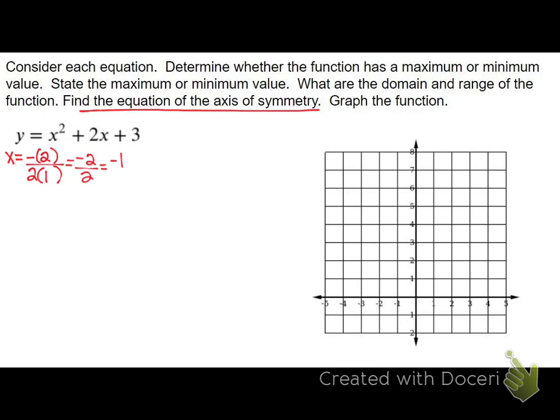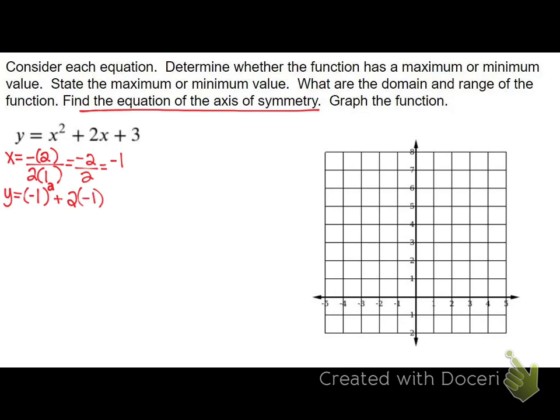Okay. Now I want to find my y. Logan, how do I substitute to find my y? So I'm going to use y equals negative, and -1 squared, plus 2 times what? -1.